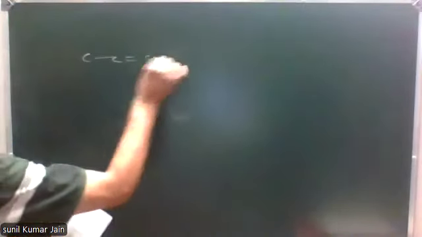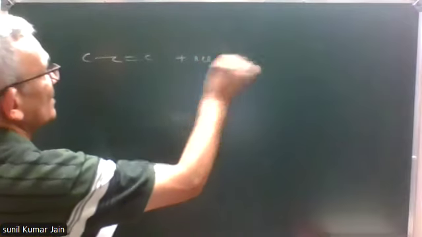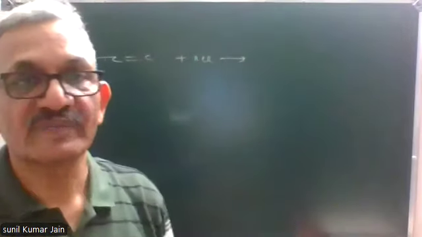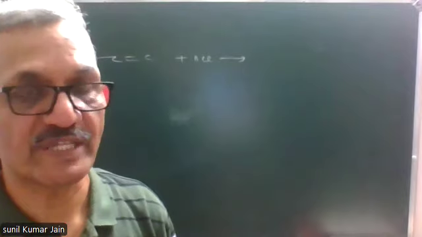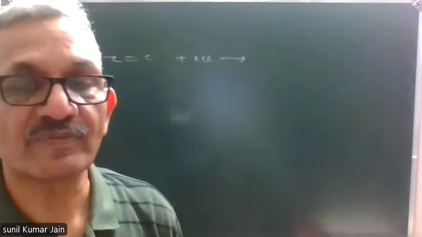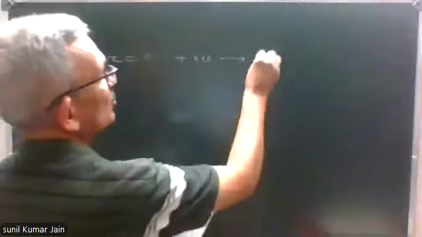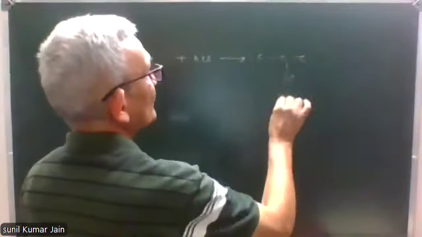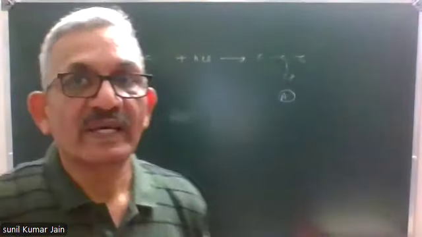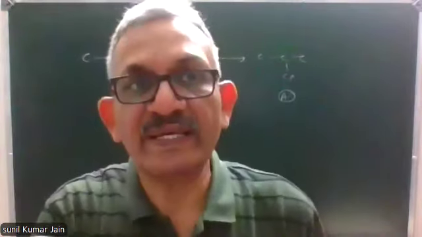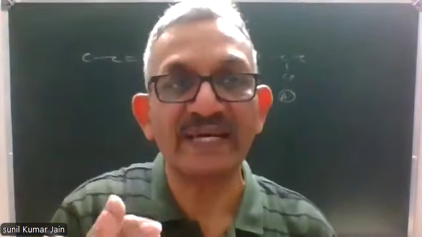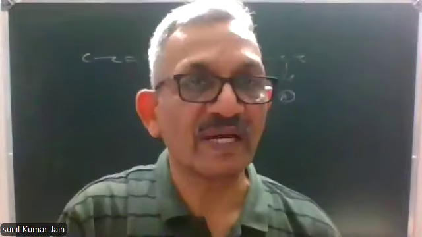So the first sequence is propene plus HCl. Most of the time, I will not be writing hydrogen just to save time. On the basis of Markovnikov's rule, we get 2-chloropropane. One thing more, when I'm explaining here, in case you're not able to find any reaction in your notes, you can ask me.